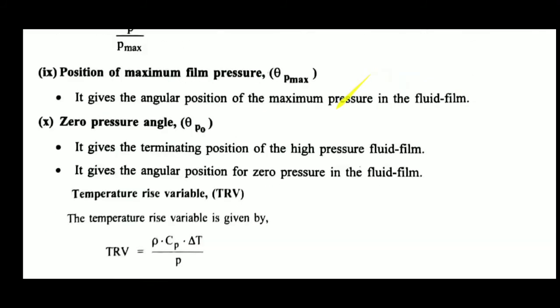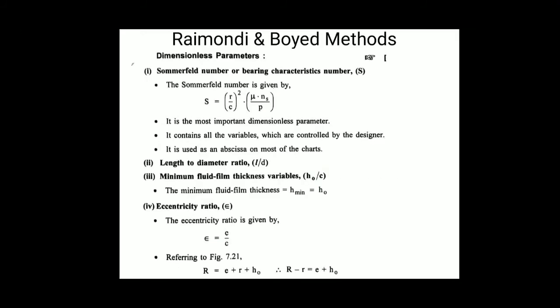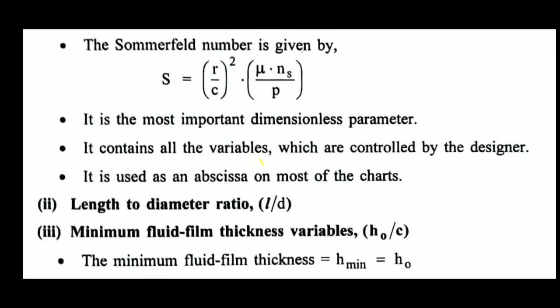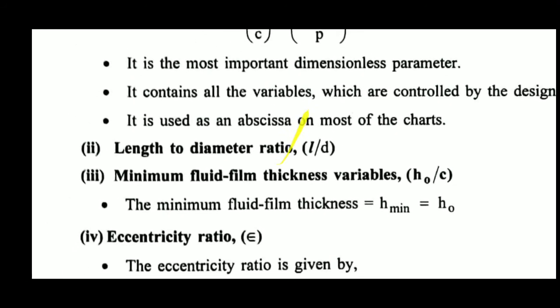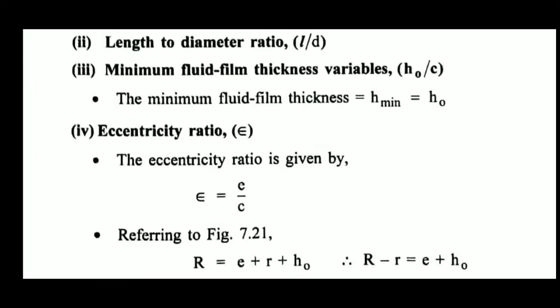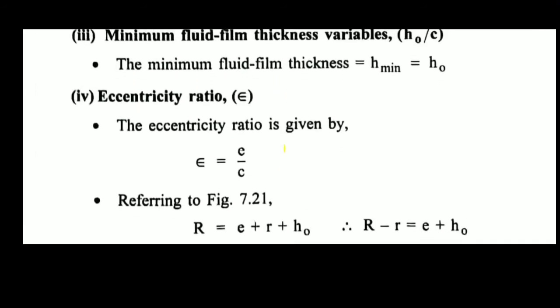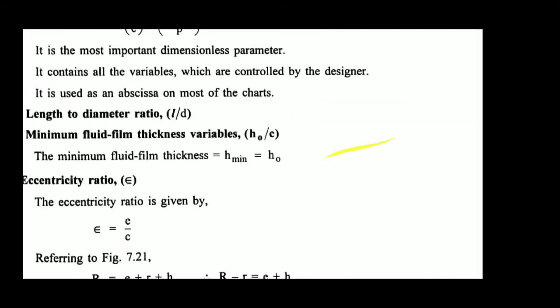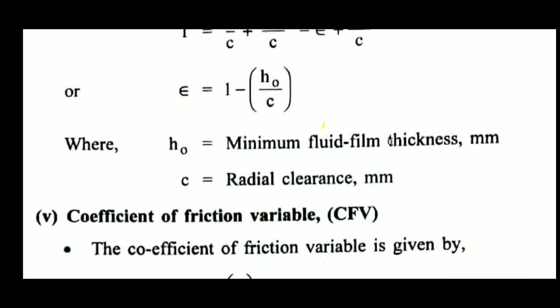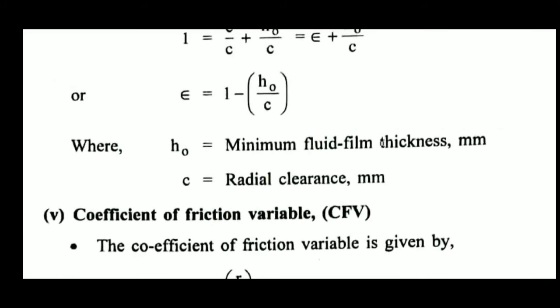So these are the general Raimondi and Boyd parameters which they explained. I'll revise. First is the Sommerfeld number, S equal to (R by C) squared into mu ns by P. Second is the L by D ratio. Third is the minimum oil film thickness. Fourth is the eccentricity ratio, eccentricity divided by clearance, which is equal to 1 minus h0 by C, or h0 by C is equal to 1 minus the eccentricity ratio.